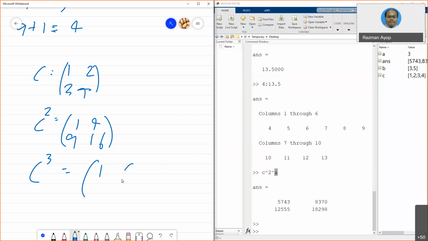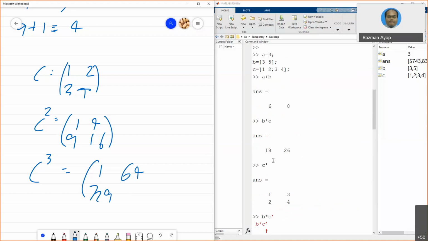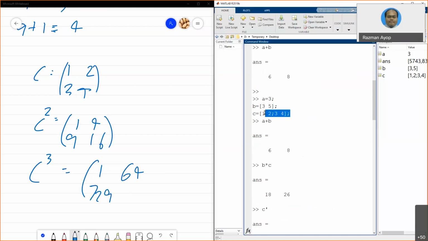A is 3. So 1, 4 power of 3 is 64. Oh, 9 power of 3 is 729. Okay, wait, what is C?